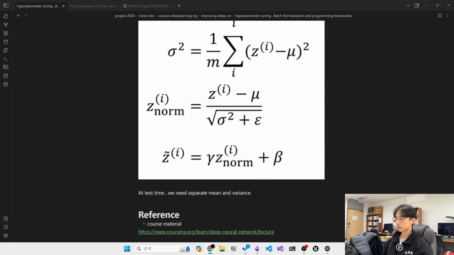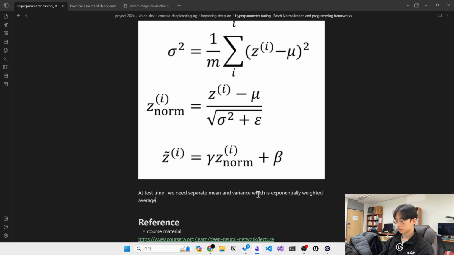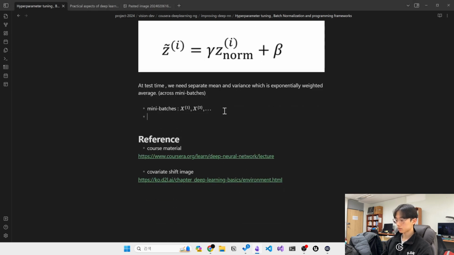So when training on x1, for that layer L, you get some mu L. And in fact, I'm going to write this as mu for the first mini batch and that layer.